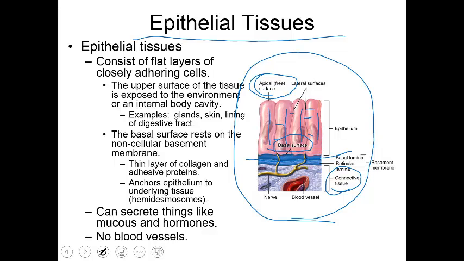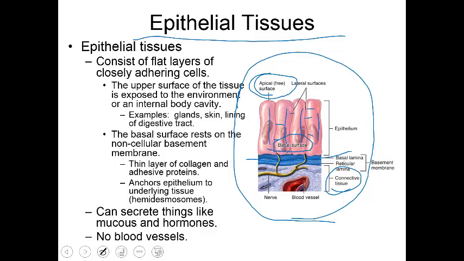So think of different surfaces on your body. Your skin is a surface. The inside of your mouth is a surface. Your tongue is a surface. The inside of your throat is a surface. The inside of your gastrointestinal tract is a surface. The outside of your stomach is a surface. So we have different internal and external surfaces.